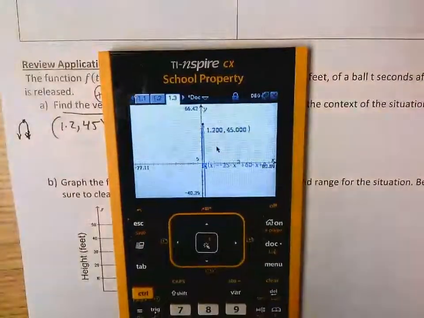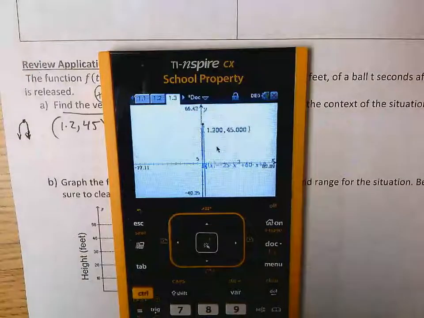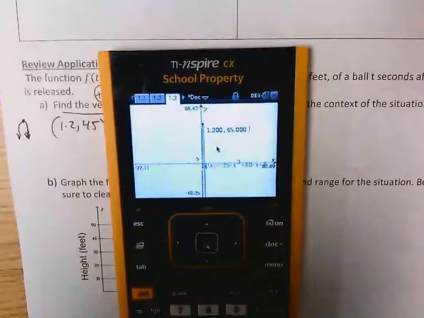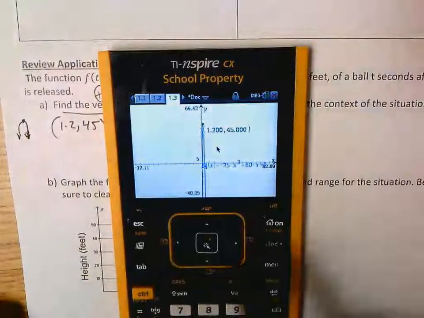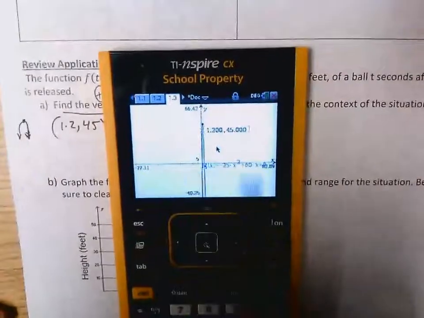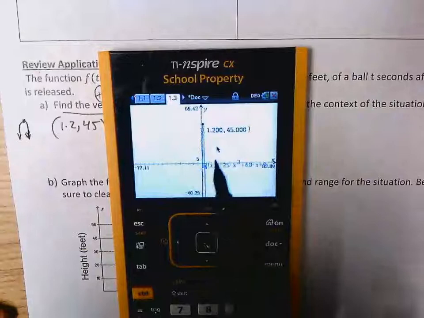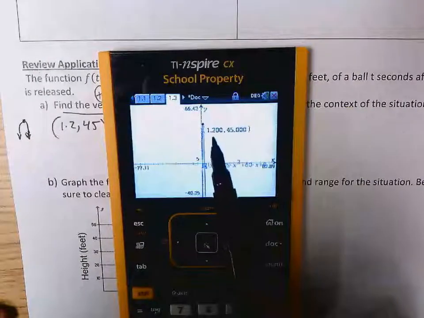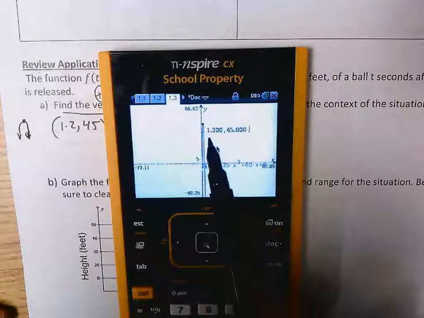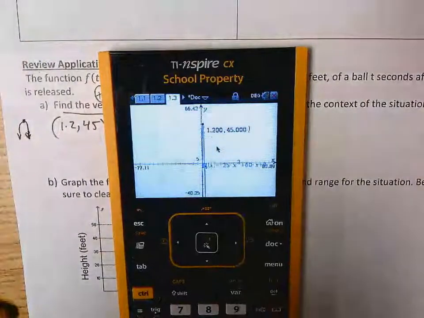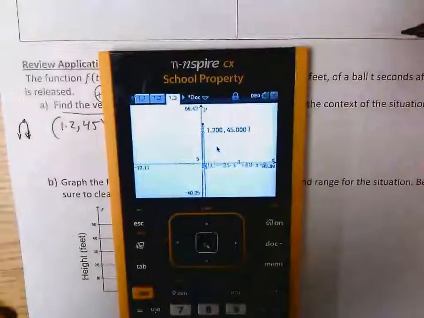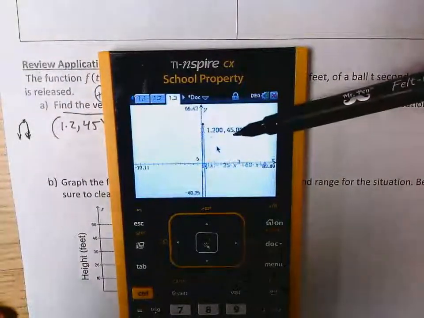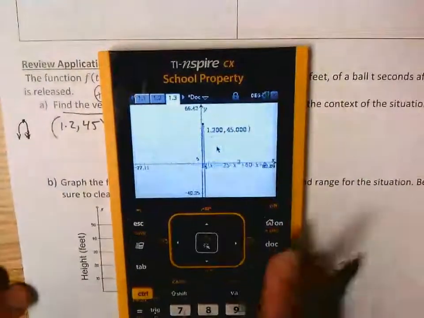So take a few seconds to think about what x and y represent in the context of this problem. Well, if you said that the x-axis or the t-axis represents time, so 1.2 seconds, that's what that 1.2 represents, then you're correct. And if you said that 45 represents the height, you're also correct.